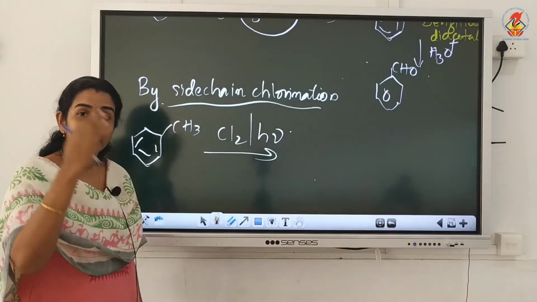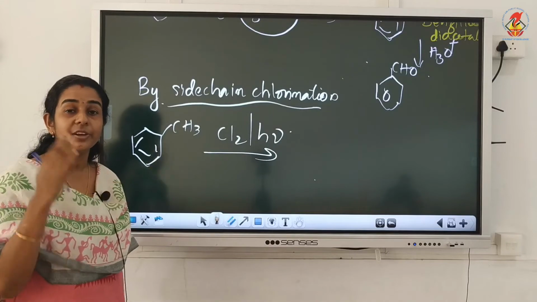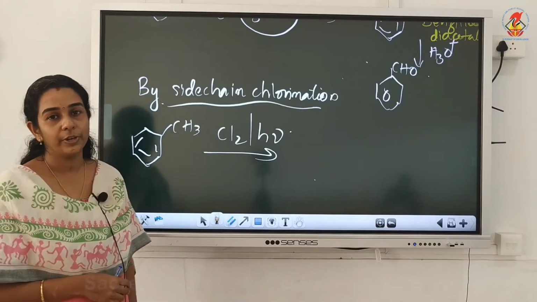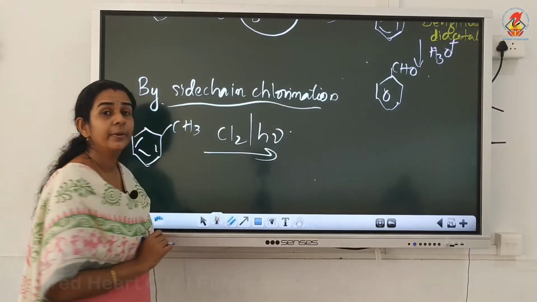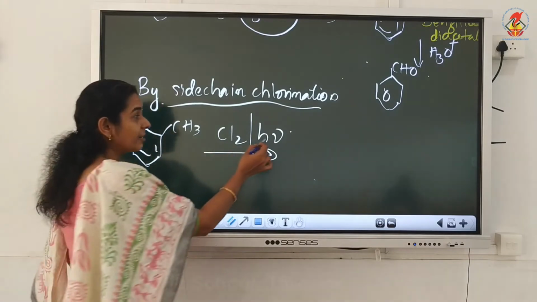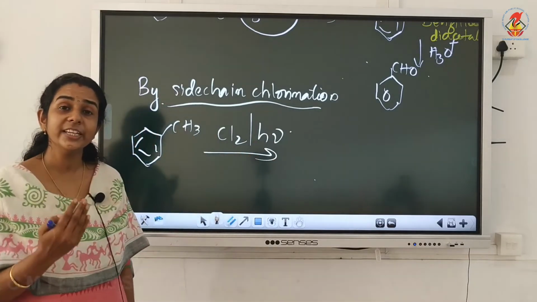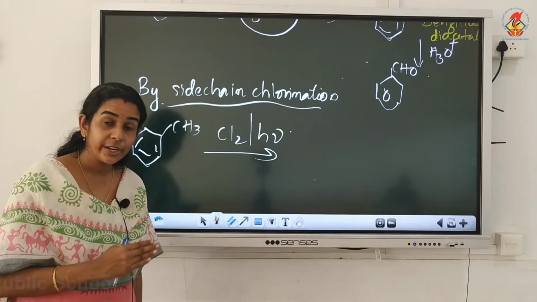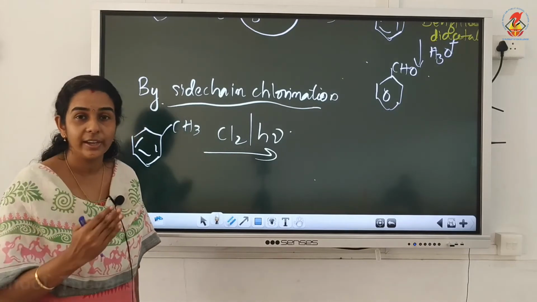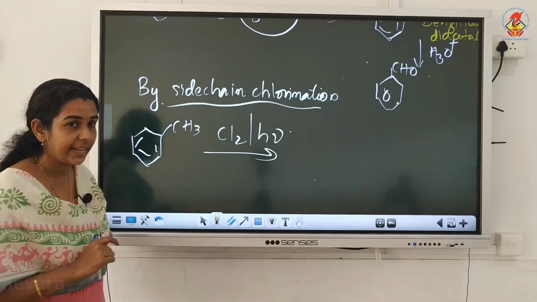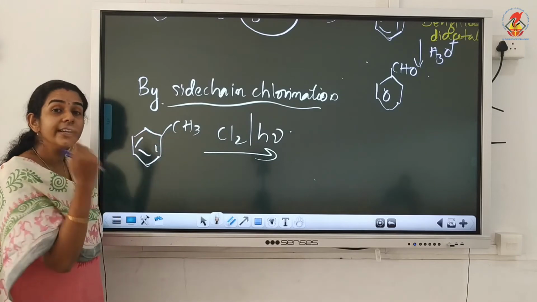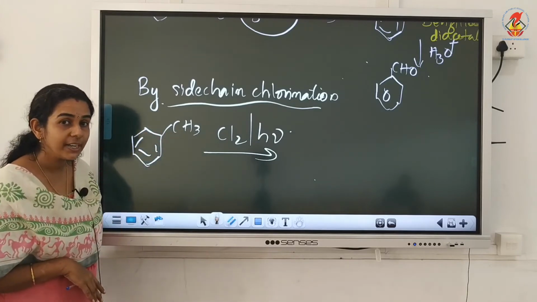As we studied in organic chemistry, reagents are always very important. Chlorine in presence of sunlight, heat or light: hydrogen from the side chain will be replaced by chlorine.